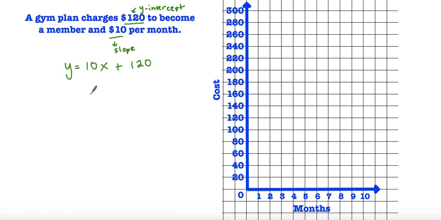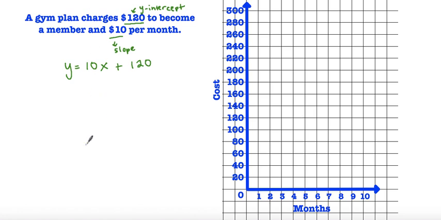So the 10 here represents the $10 per month, but because that's 10 over 1, we could simply leave it as 10x in our equation. Just be mindful that that's our rate of change. So that's our rate, and we know that as our slope as well.